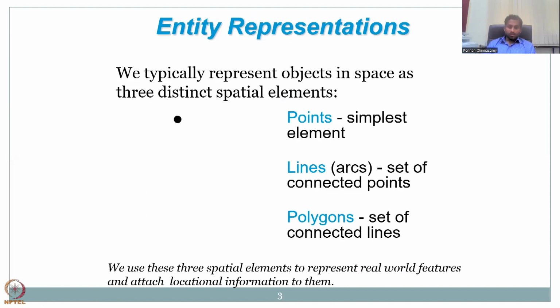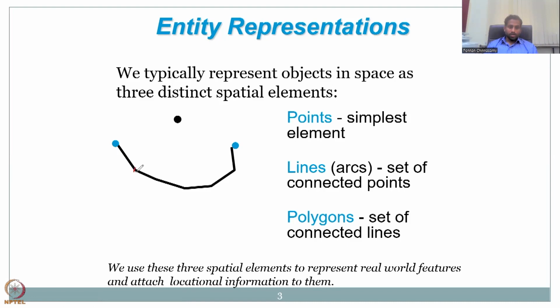Then we have lines, which are basically a set of points connected to each other by a line. The shape of the line and the length of the line are determined by points. Again, in the real world, you don't get straight lines between points. You will have to break it into multiple points. So you'll have a point here, a point here, a point here, and a point here, which I can draw for you.